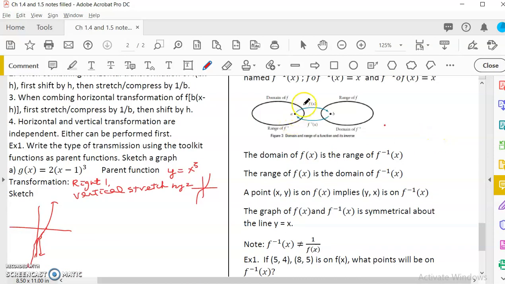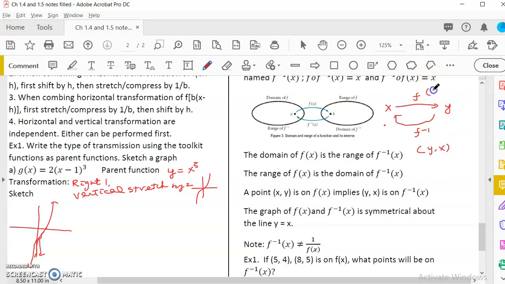And also you can see when x goes to y using the f function, y would go back to x using the inverse function. So in the graph of f inverse, there is a point y comma x.